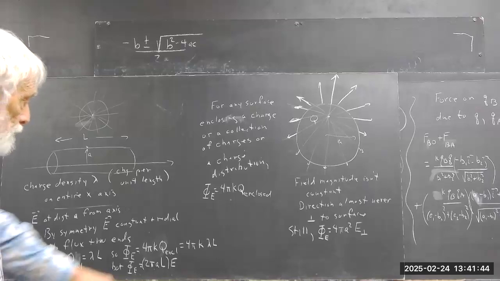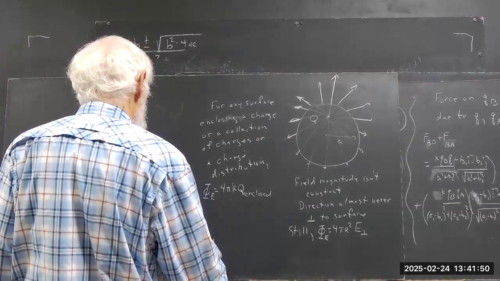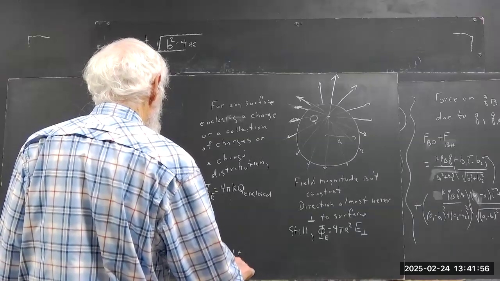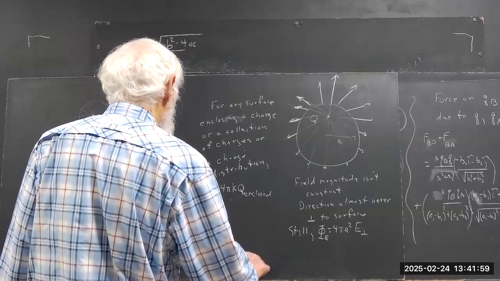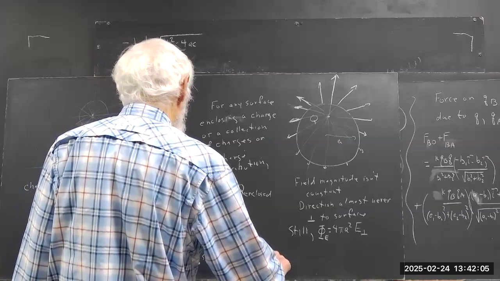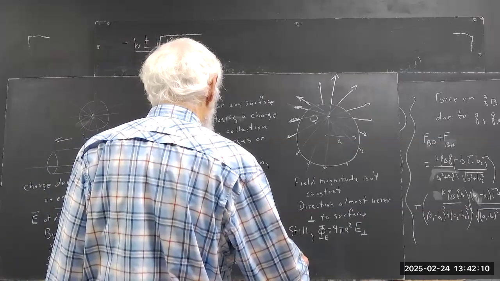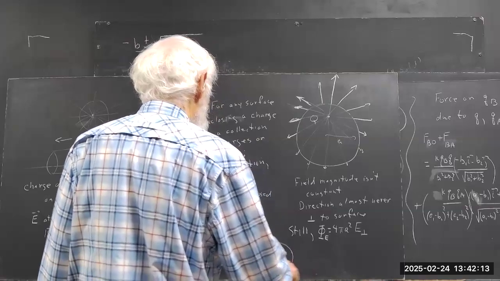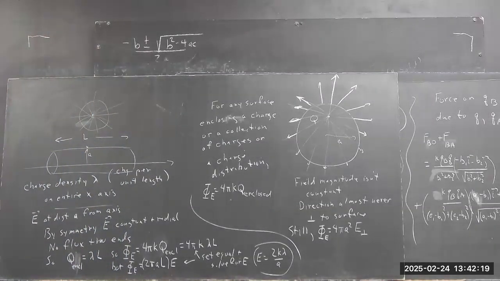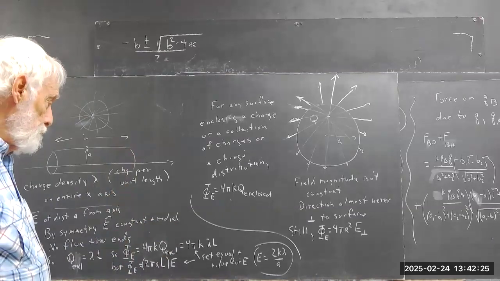Well, that means this equals this, and we can solve for E. Take this equal to this and solve for E. It's 2K lambda over A. If I solved it correctly, 4 pi divided by 2 pi is 2.